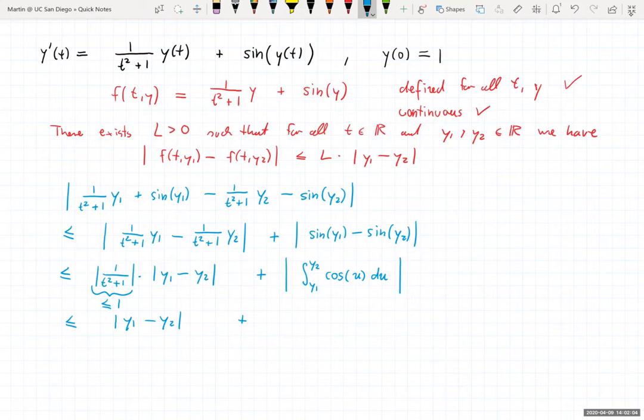And then on the other hand, this integral can be bounded from above by the integral from y1 to y2 of the absolute value of cosine u du.